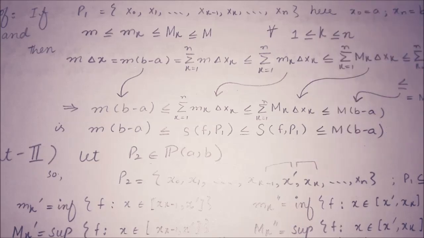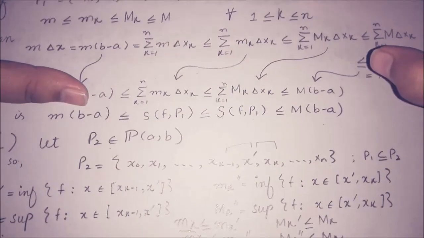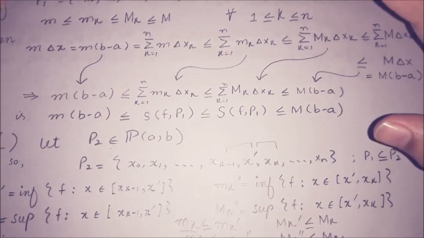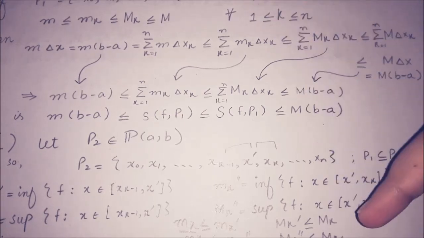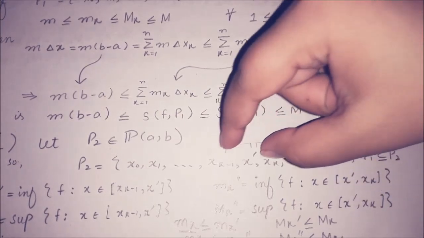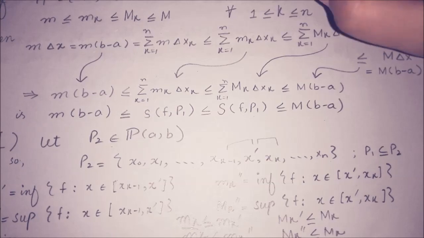And the same relation goes for the supremum. When we're talking about the supremum in the partition P1, the certain partition M_k, the supremum between x_{k-1} and x dash, and x_k, must be less than M_k.